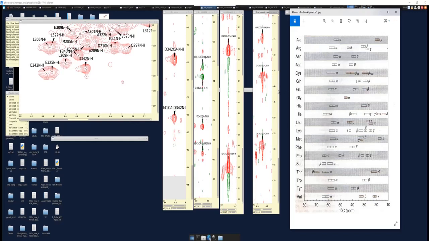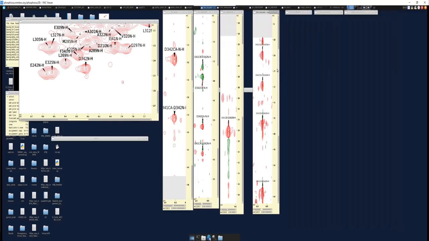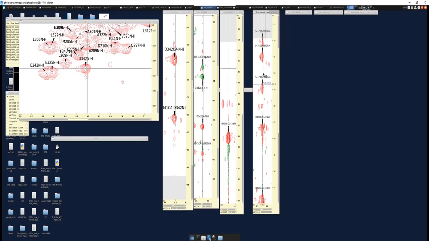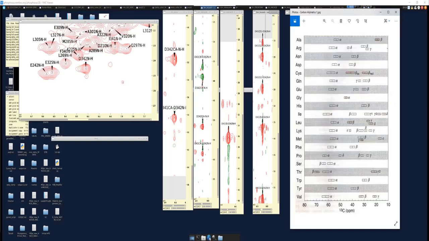However, if we look at the HCCONH, there are additional peaks, right? We have a peak here at 24.7, peak here at 14.9, and a peak at 10.2. And now it becomes extremely obvious what amino acid the I-1 is.